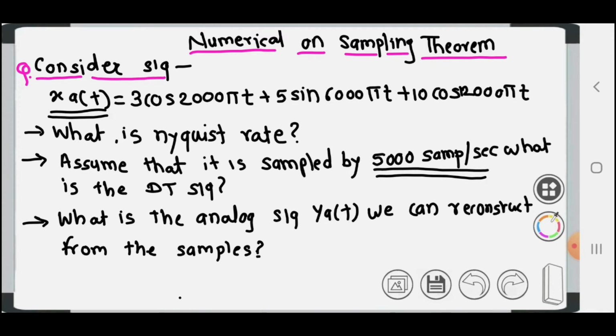The third part is, what is the analog signal y of t that we can reconstruct. Whatever discrete time signal is obtained in the b part, we have to reconstruct the original signal from that discrete time signal. Okay, so let's see how to solve this numerical.